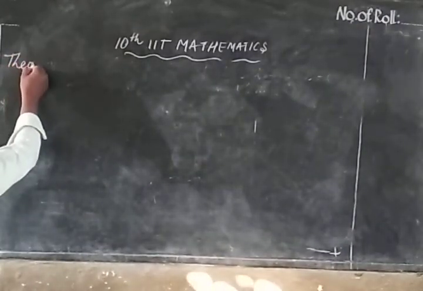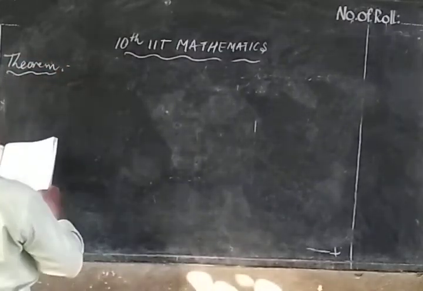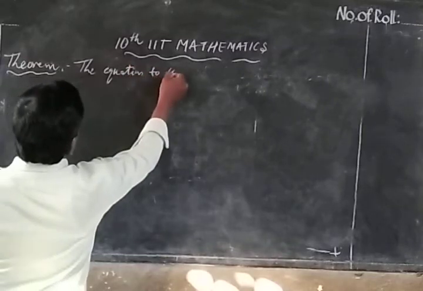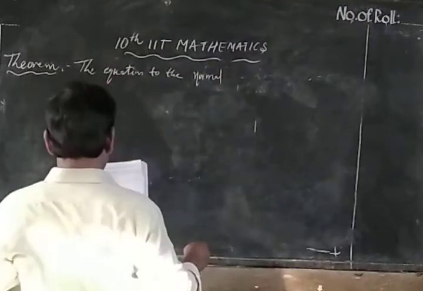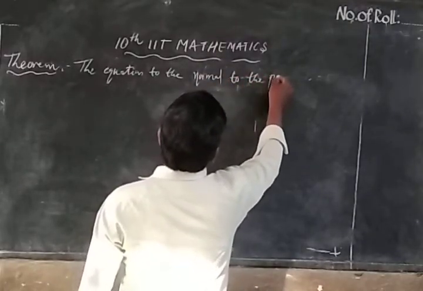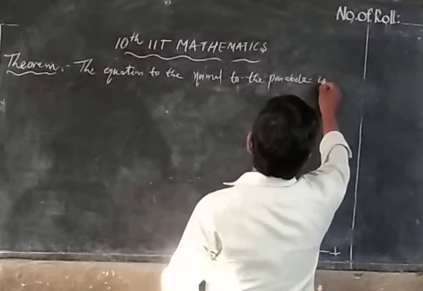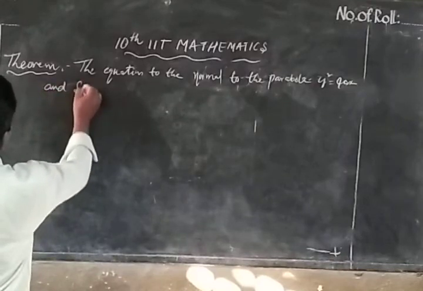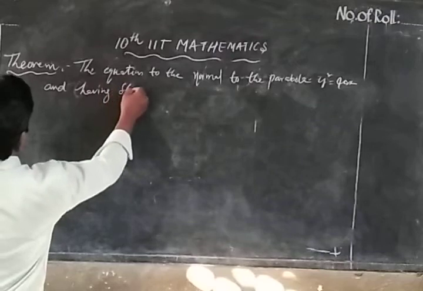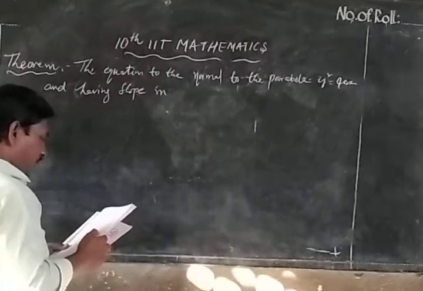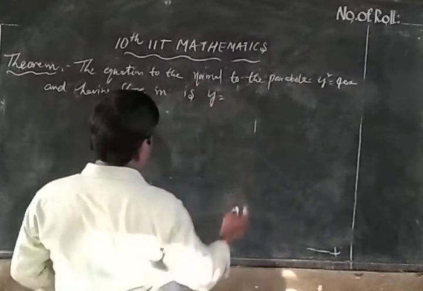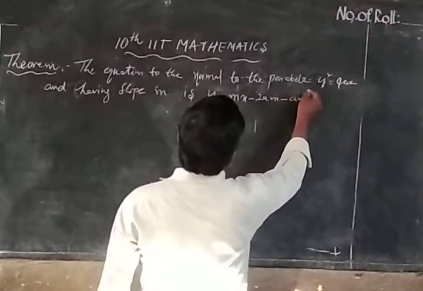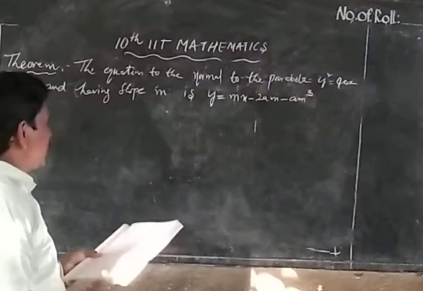Theorem: the equation to the normal to the parabola y square equal to 4ax and having slope m is y equal to mx minus 2am minus am cube. So what is the theorem?